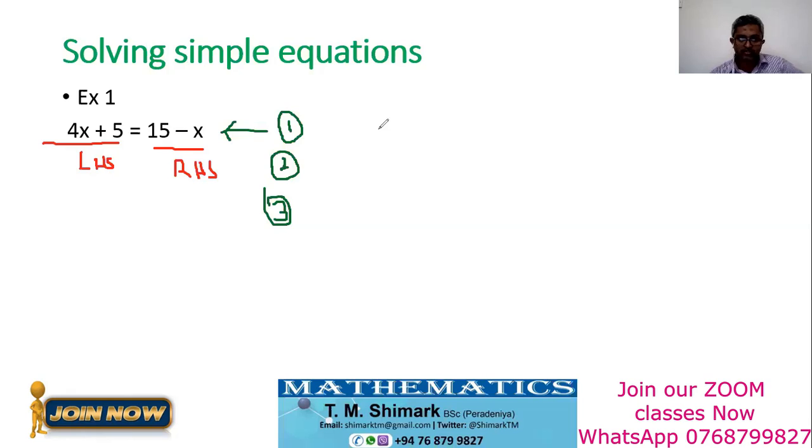I wanted to tell something about dividing because I came across this a few minutes back, so I just wanted to remind you about that. If I have this equation, I just want to divide this by 2.